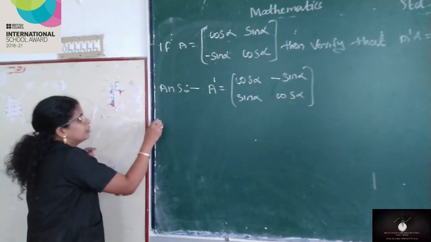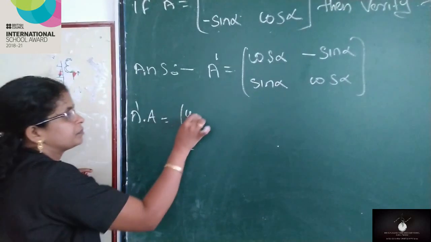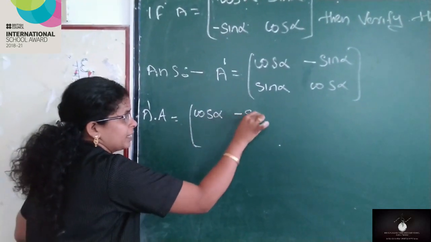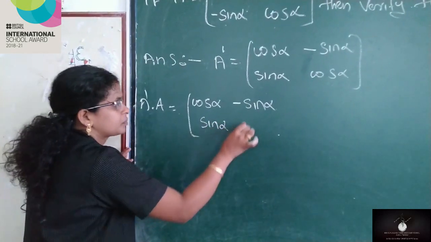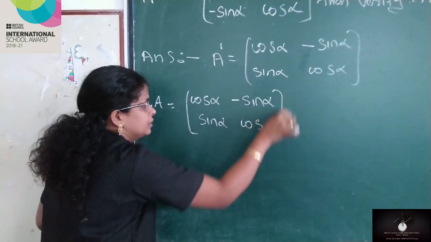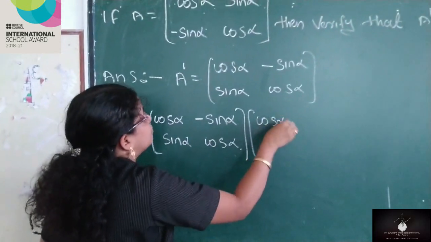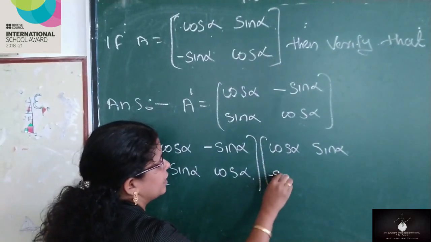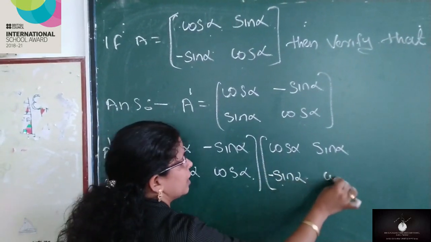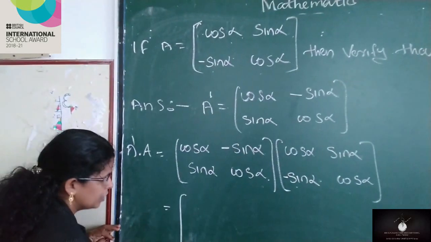Okay. So A transpose into A is equal to matrix cos alpha, minus sin alpha, second row, sin alpha, cos alpha, into A is equal to first row cos alpha, sin alpha, second row minus sin alpha, cos alpha, which is equal to matrix.